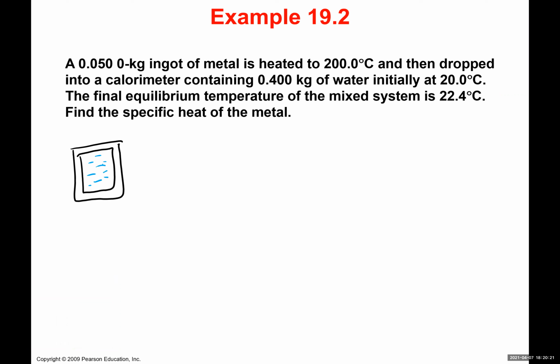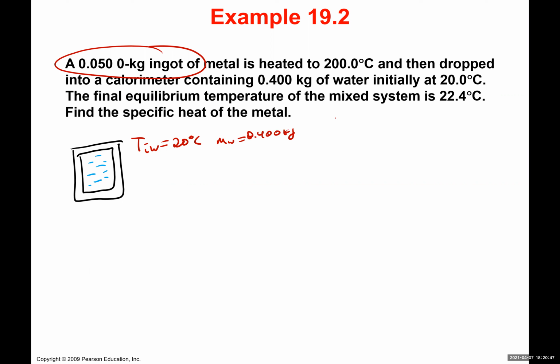And the temperature of water initially is 20 degrees Celsius. So temperature initial of water is 20 degrees Celsius. And then let's put the mass of water, 0.4 kilograms, so 400 grams.